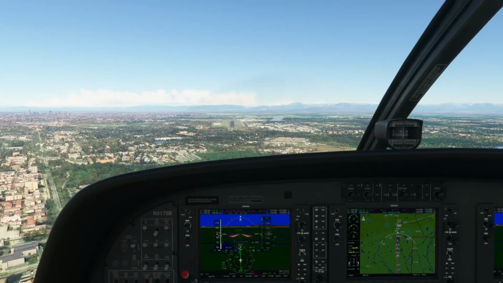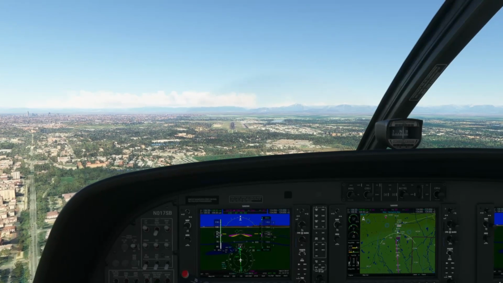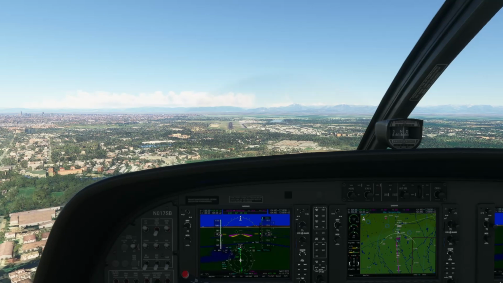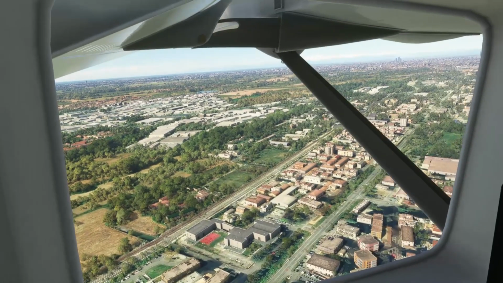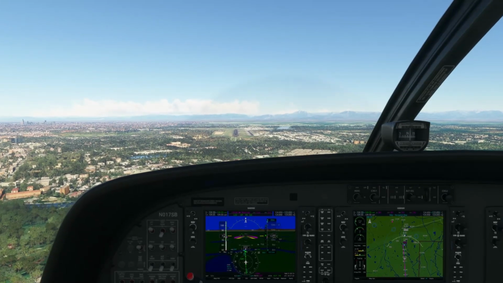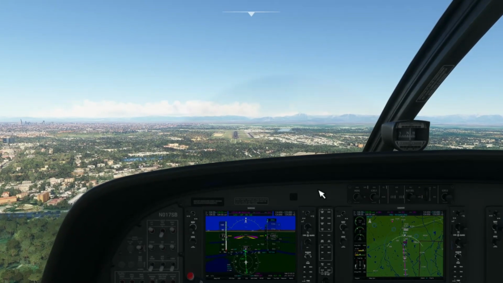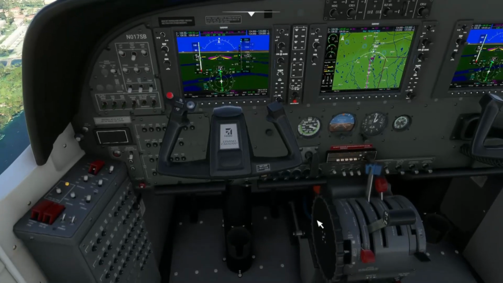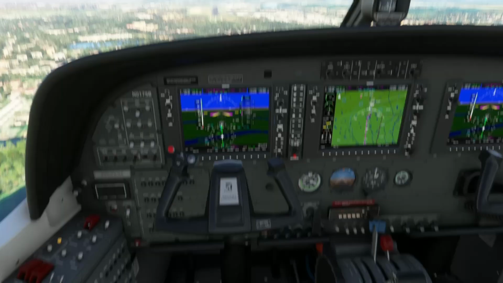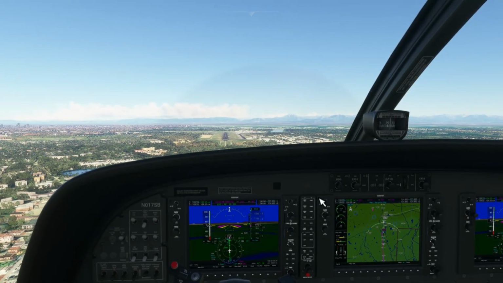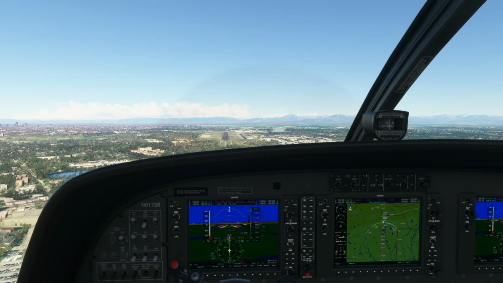So there are too many formulas, I understand, especially if you're not good at math, but you have to understand that you have to practice these, especially if you're in a small aircraft, because airliners do this automatically. They calculate the top of descent using the constraints, also the wind, and also the runway you're going to land at, and using tons of stuff, such as even the weight of the aircraft.